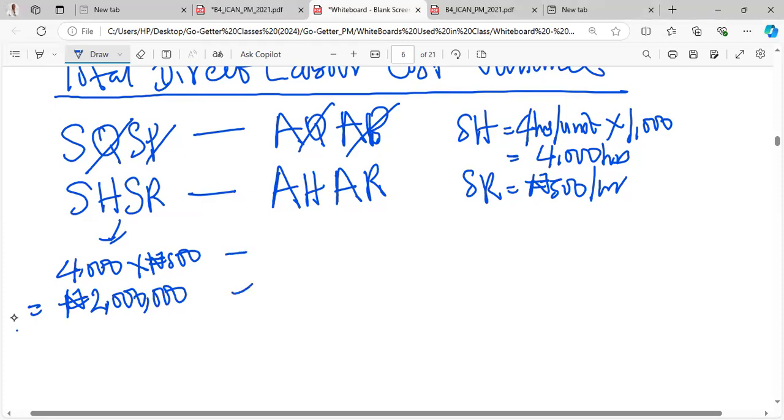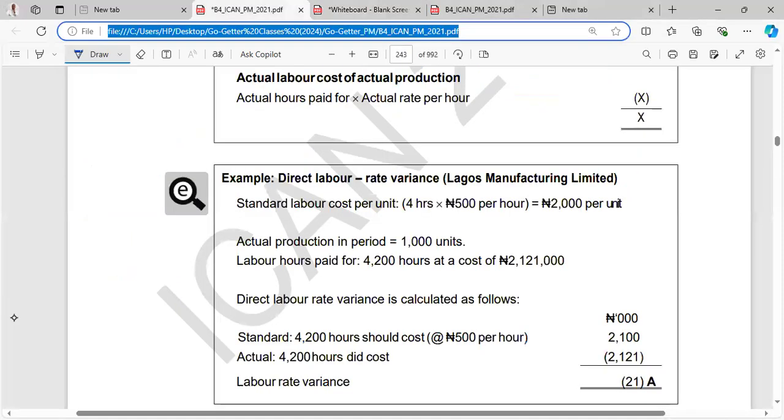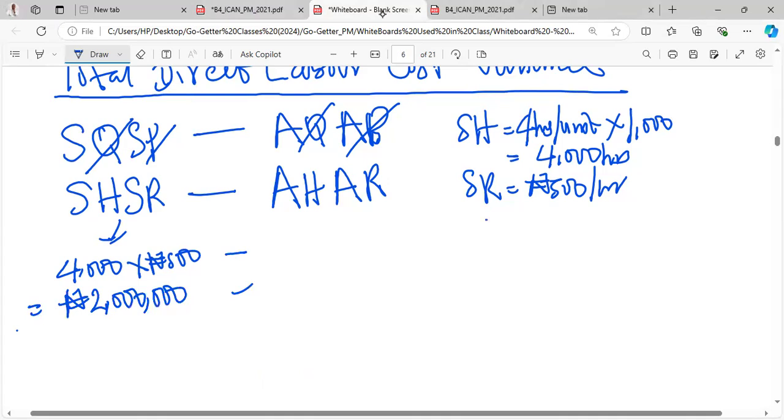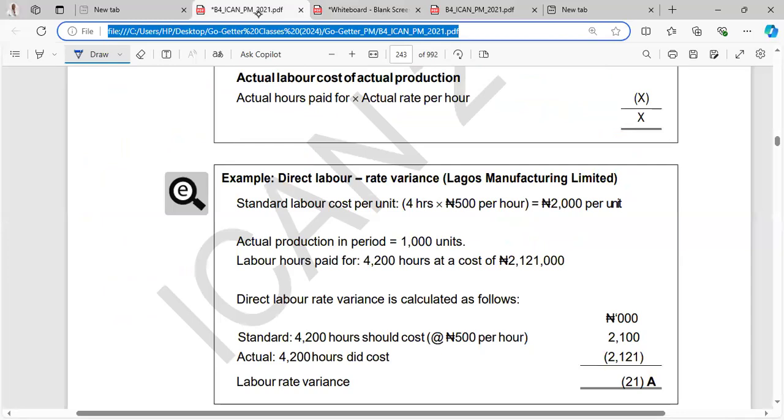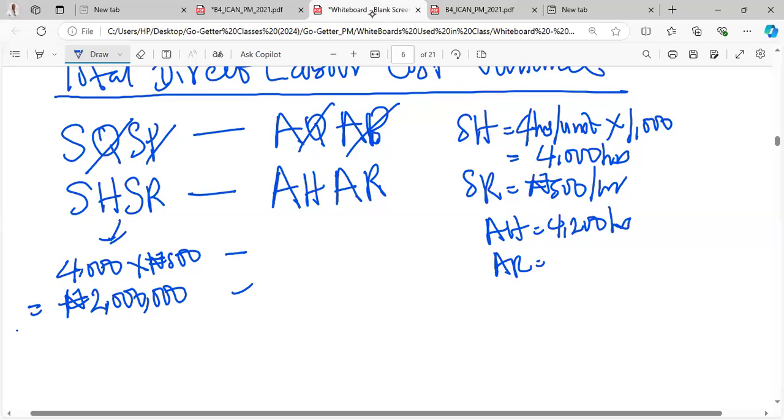All right, so what is this actual hours? Actual hours worked here, we are told, is 4,200, as against 4,000. Actual rate, what is your actual rate? This is 2,121,000 divided by 4,200.